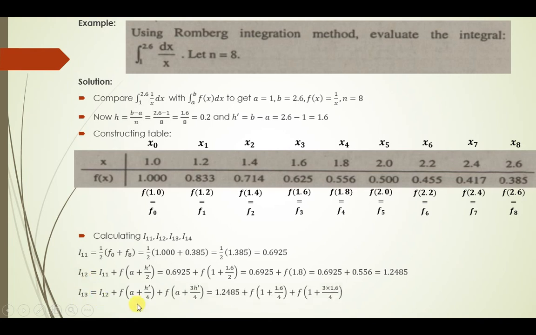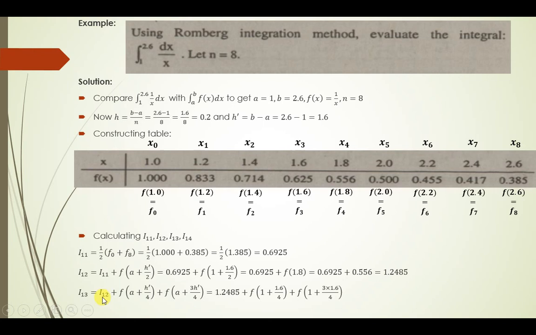Now the third thing is I13. This is the formula for I13: I12 plus f of a plus h prime by 4 plus f of a plus 3h prime by 4. Replacing all those values, replacing I12 by its own value, I12 is here, 1.2485.